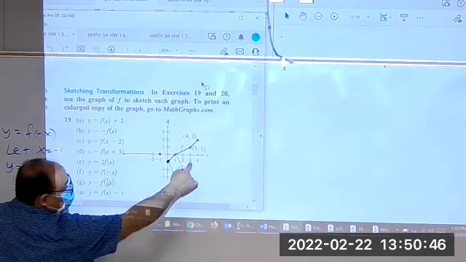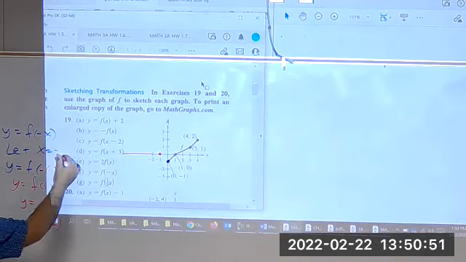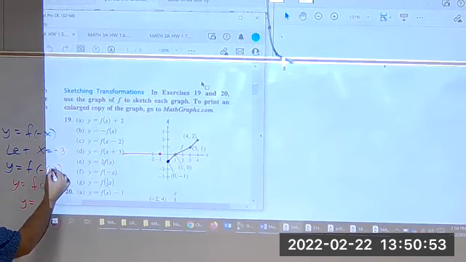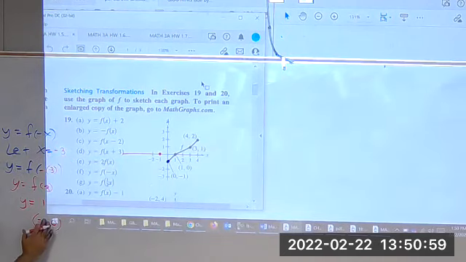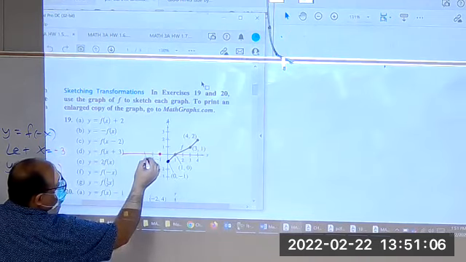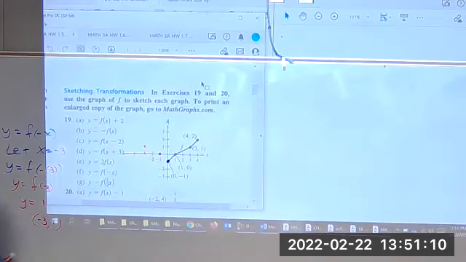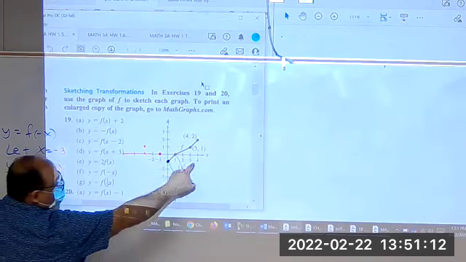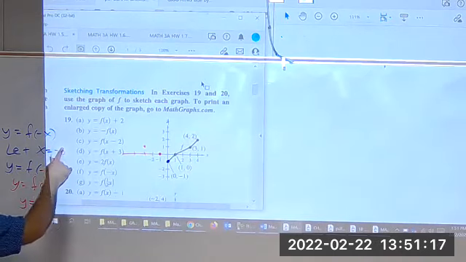And then we want positive 3. Well, the only way to get a positive 3 in here is to plug in negative 3. When you plug in 3, we get 1. But now when you plug in negative 3, you're going to get 1. To get 4 and use that y value, we would have to plug in a negative 4.